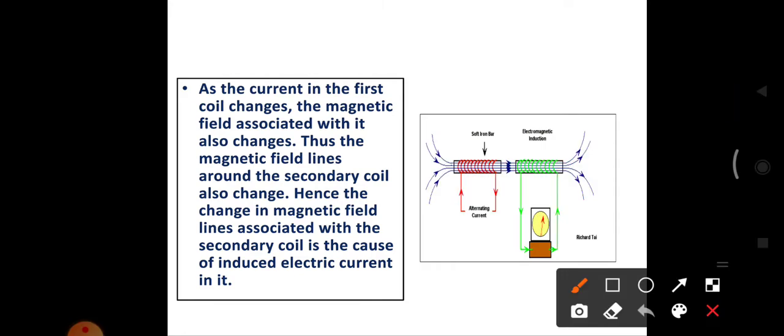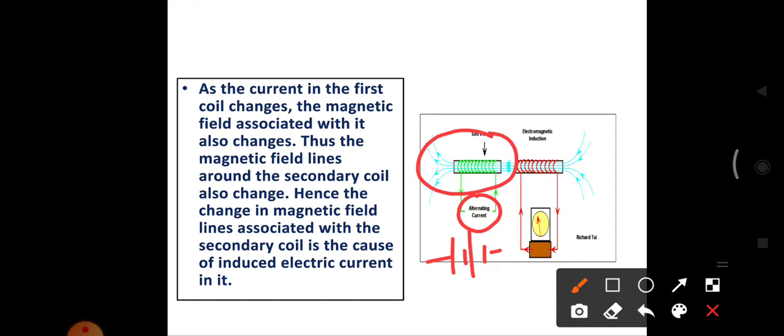As the current in the first coil changes, the magnetic field associated with it also changes. When we change the current, the magnetic field associated with coil 1 also changes.